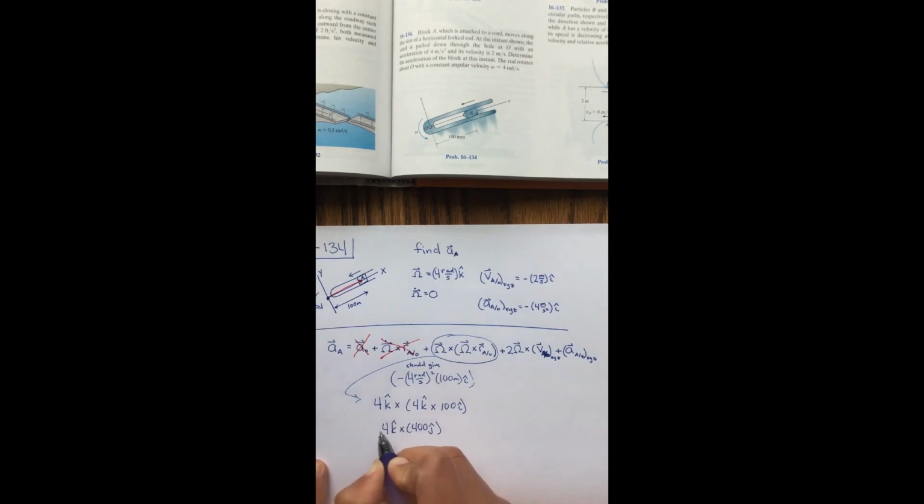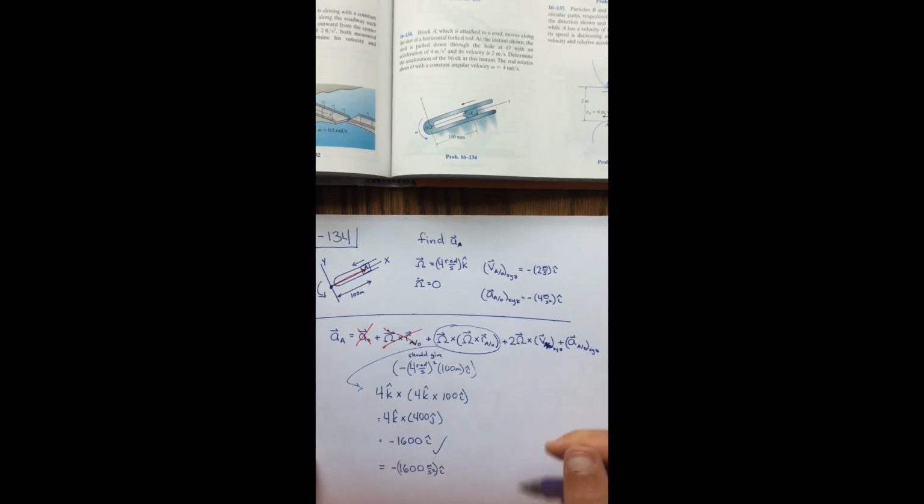K hat crossed with j hat gives me negative i hat. So this is negative 1600 i hat. Does that agree with what I have here? Yes, it does. Okay, and so if I put the units back in, that would be 1600 meters per second squared in the i hat direction, which makes sense because this is going to give me an acceleration, so it should be in meters per second squared.